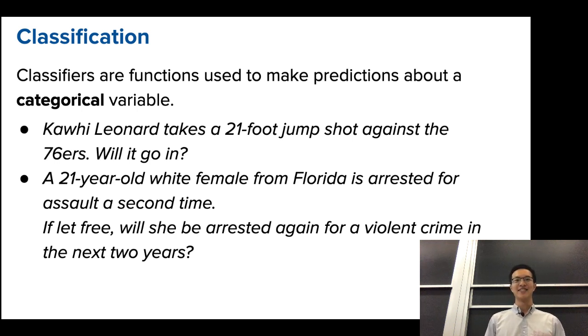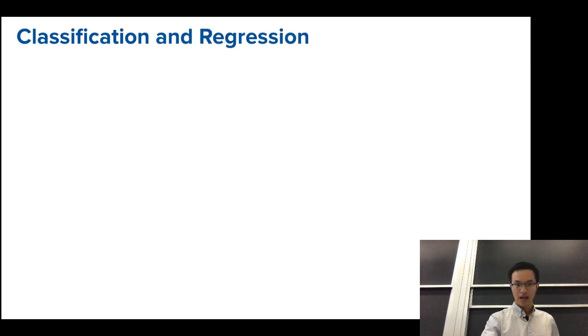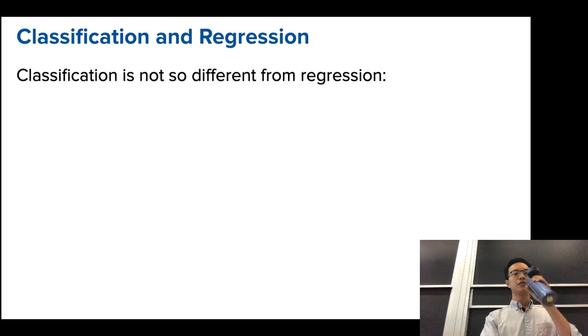And it turns out that this is a topic of much controversy, as you can imagine. But again, it's a type of classification problem. And in this particular problem, the outcome of your prediction has more severe consequences than perhaps whether a jump shot goes in. Okay. And it turns out that classification and regression are pretty closely related.